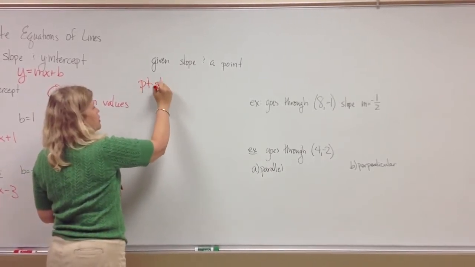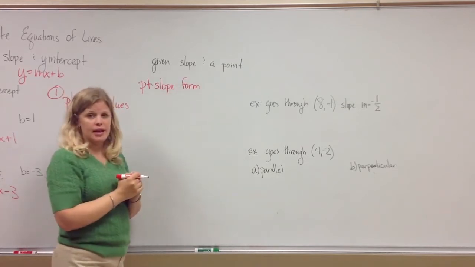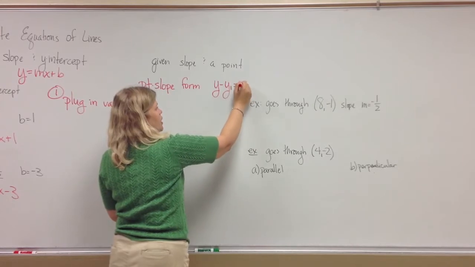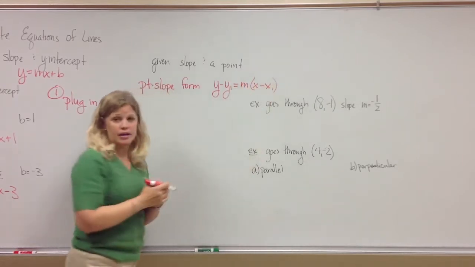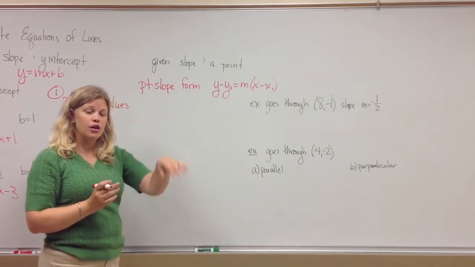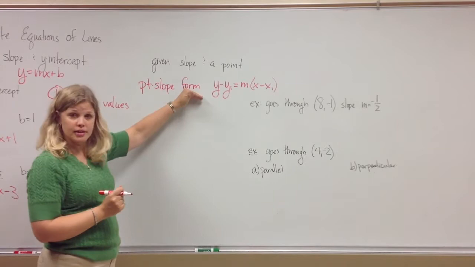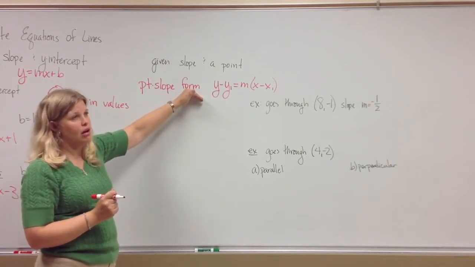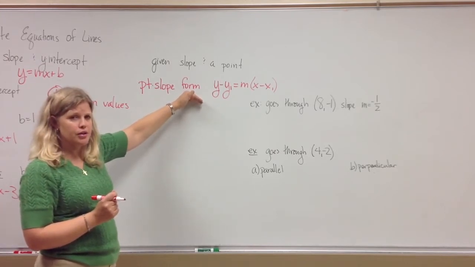Point-slope form says y minus y1 equals m parenthesis x minus x1. So far you've seen slope-intercept form, you've seen standard form, and this is our last one. Now some of you are going to want to fight me on this. You're going to say, let me do the other way. No, I think we're going to do this way now that we're in Algebra 2.